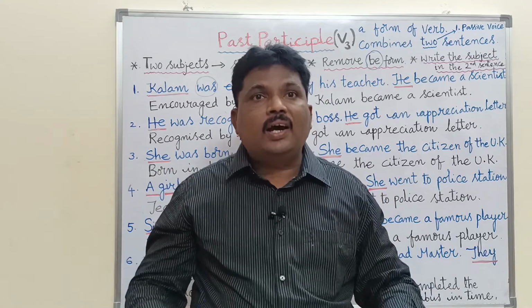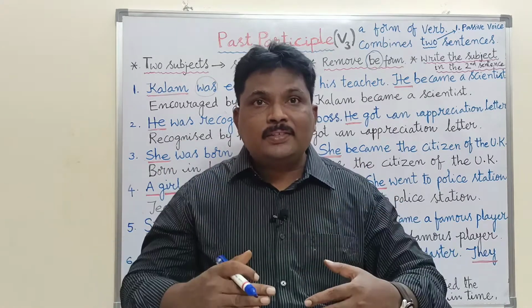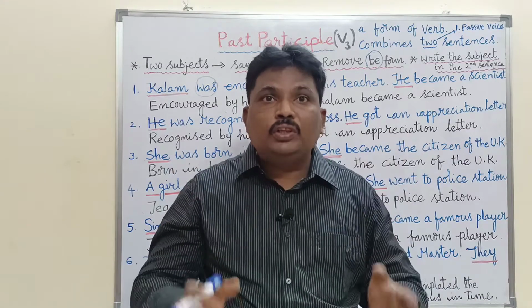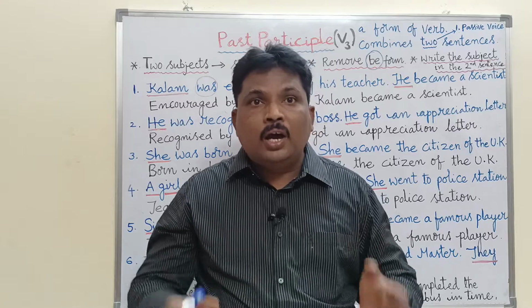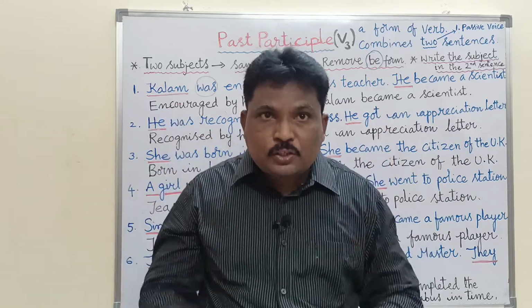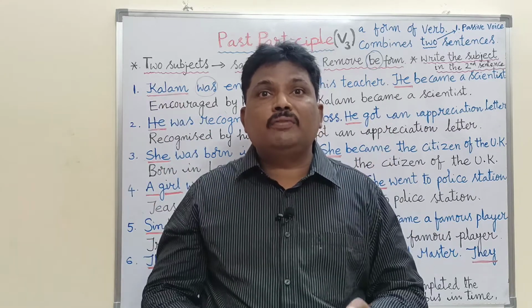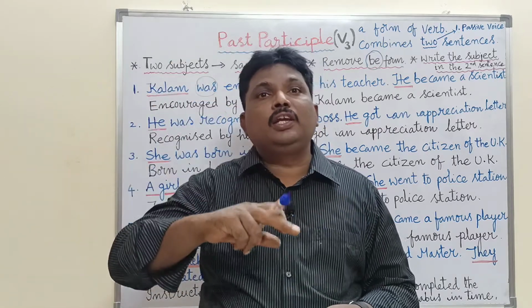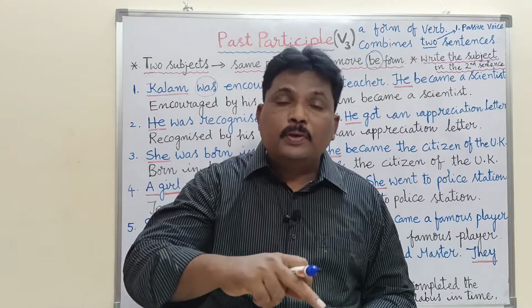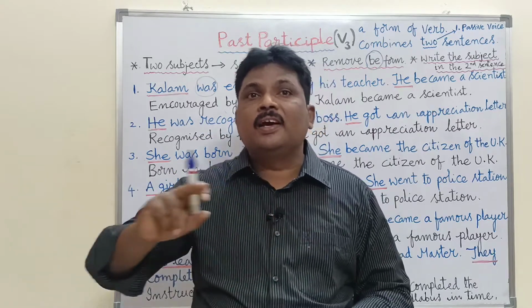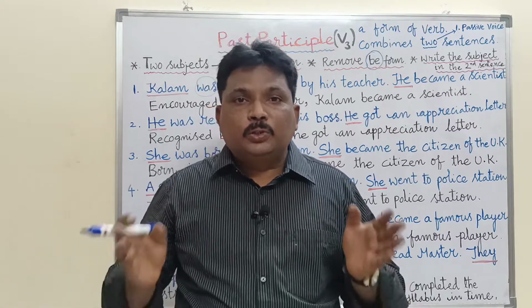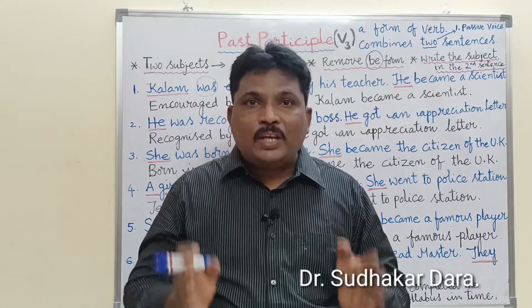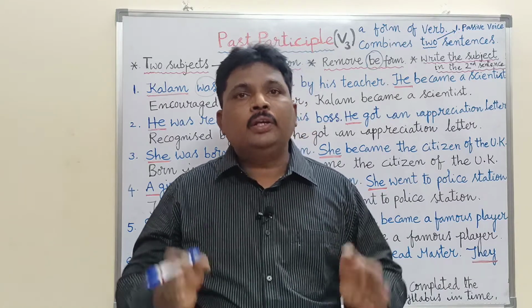So you begin the answer with the passive sentence, remove the be form and avoid the subject, and start with V3, because we are asked to join or combine the sentences using past participle. So start your answer with V3 and put a comma after the clause. Then you take the name of a person or the pronoun of the first sentence and continue the sentence. So this is all about past participle, as to how to join, how to combine two sentences.